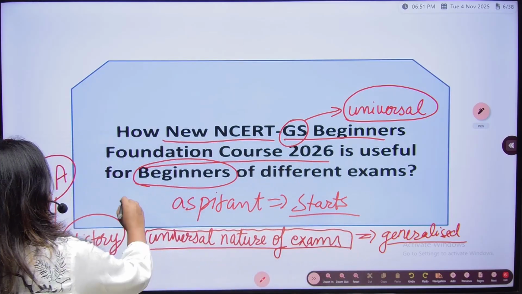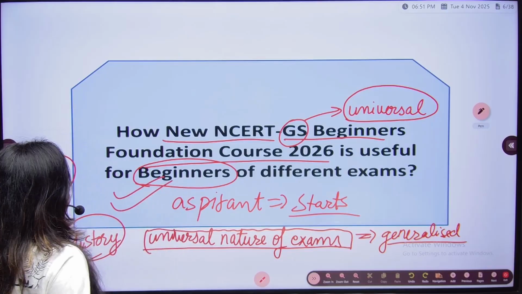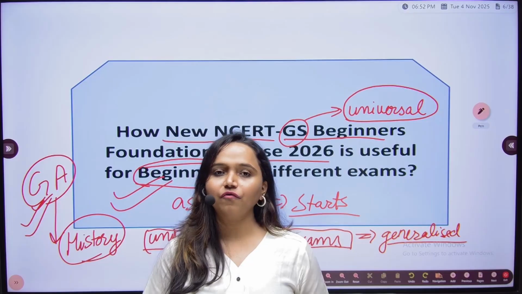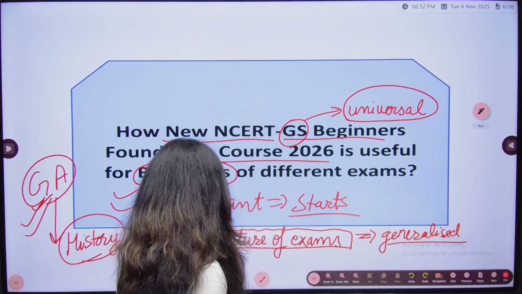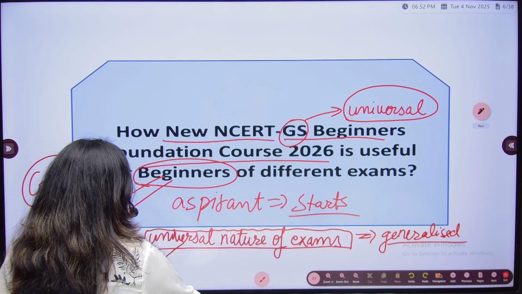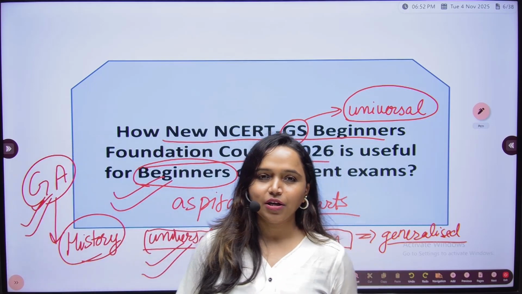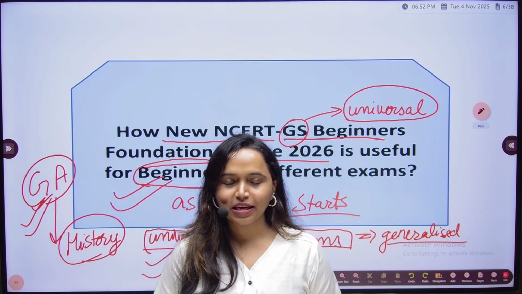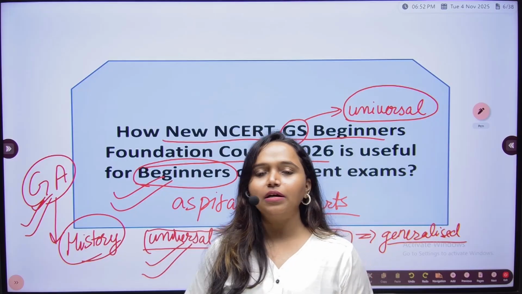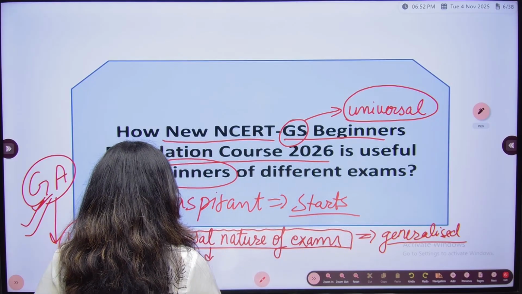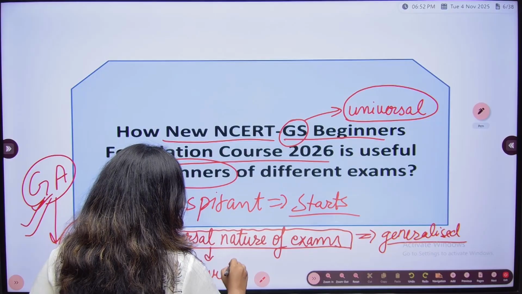So what we have understood is that a beginner, be it in any competitive exam, is equal in front of the examiner. Why? Because these exams are universal in nature. What is the advantage of this fact? The advantage is that it provides every aspirant a level playing field. Why is that important?